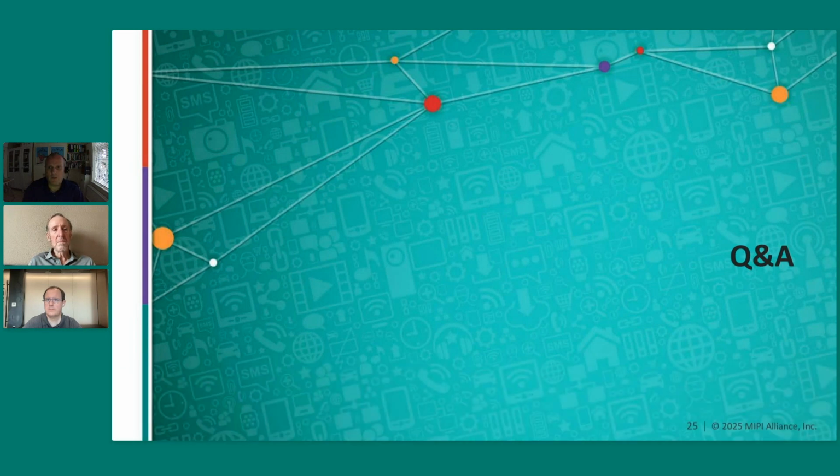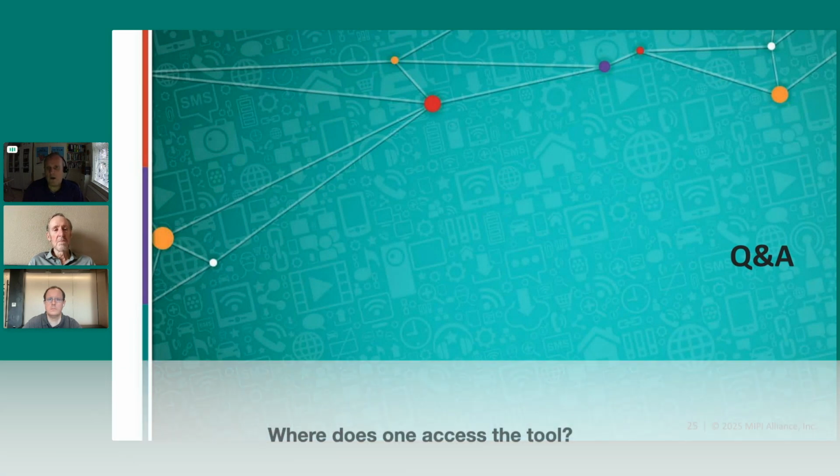I should know this, but Devin, where does one access the tool? So at the moment, it's a part of a project on GitHub, and maybe John, you could speak to where we're going with it. I think in the end, we want it to be available, probably on Causeway, like we do with the specifications. But today, it's currently a software project that is housed in a Git repository.